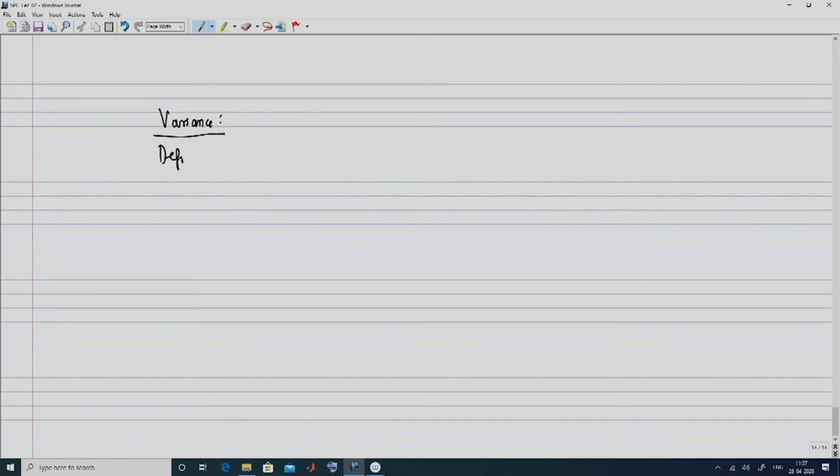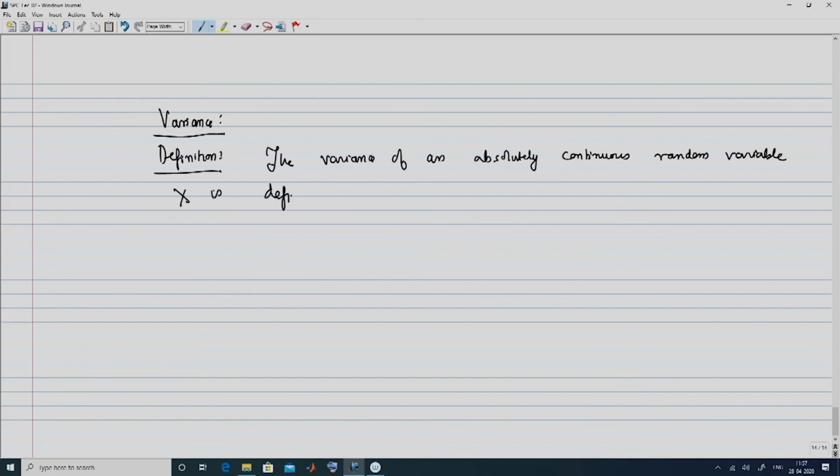And finally, we come to variance. So, let us look at the definition. The variance of an absolutely continuous random variable X is defined as was the case with the finite probability space.